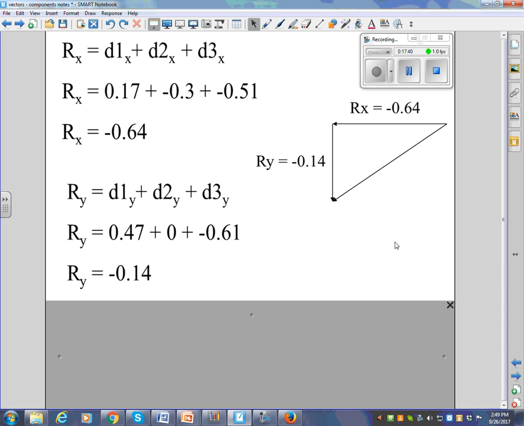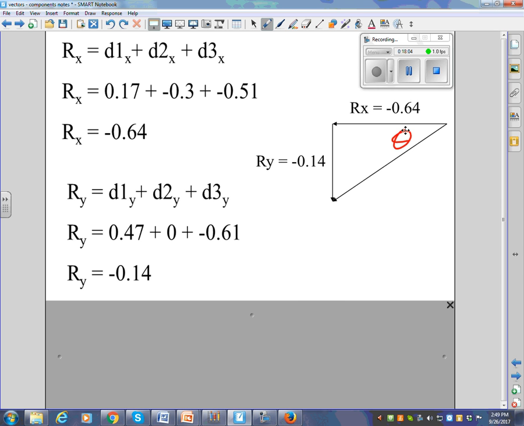But for most people, they get a sense of what they need to do and get it clear in their head. So the Rx is negative, the Ry is negative, and you have to know the angle here, right? Because it's a vector, you always have to have the angle.